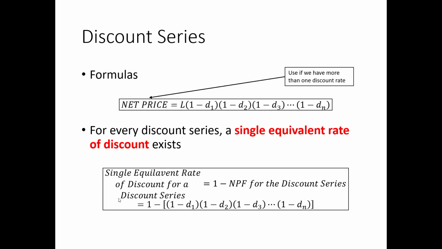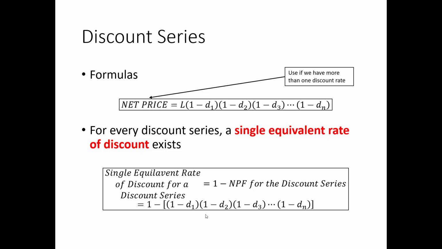So we could come up with a single equivalent rate so that I can compare everybody, right? It's kind of the one rate that binds them all, Lord of the Rings kind of thing. So we have a calculation for that, and note the square brackets here, very important.